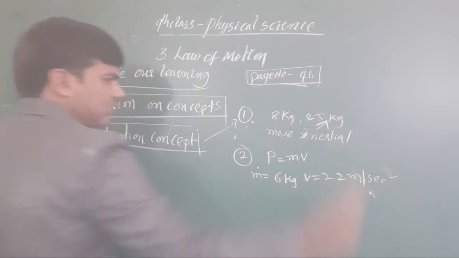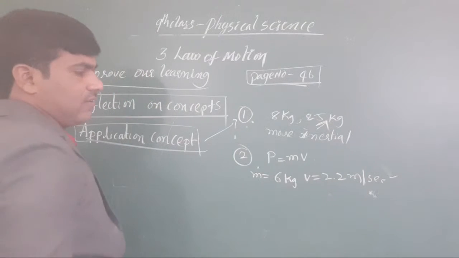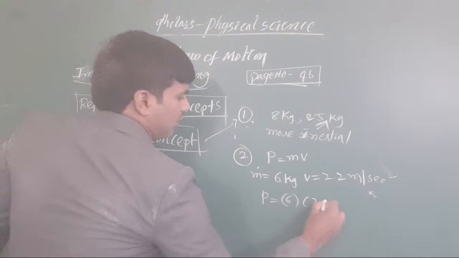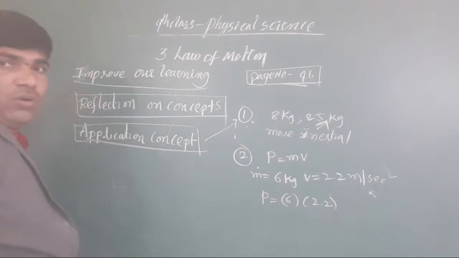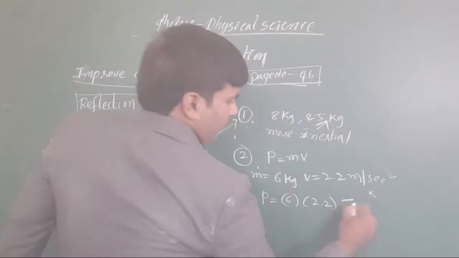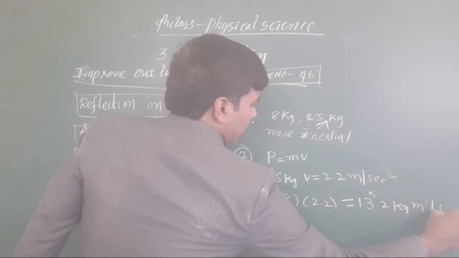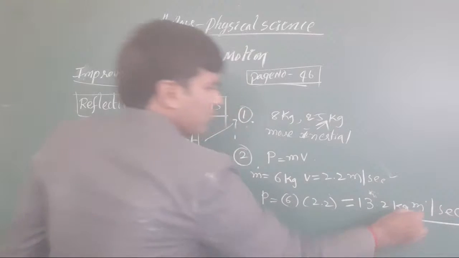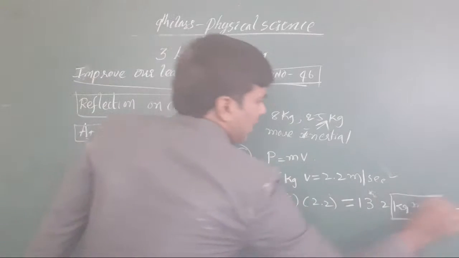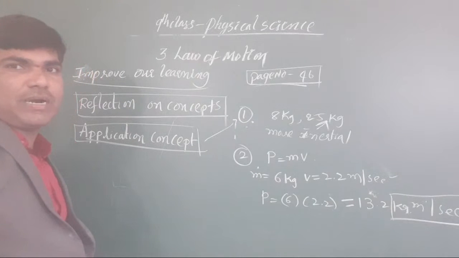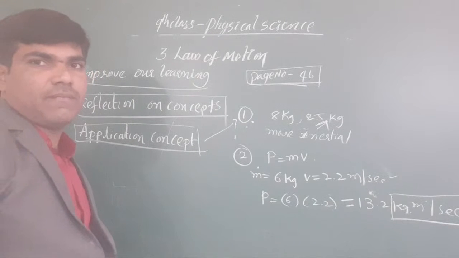So P equals 6 into 2.2, that is 13.2 kg meter per second. The units are very important for us, the momentum units are very important. Okay?